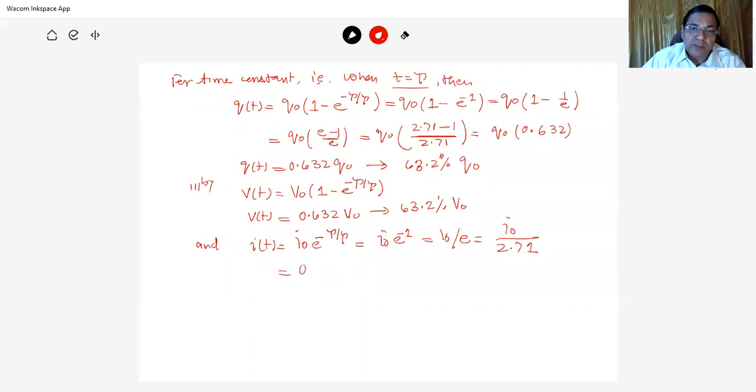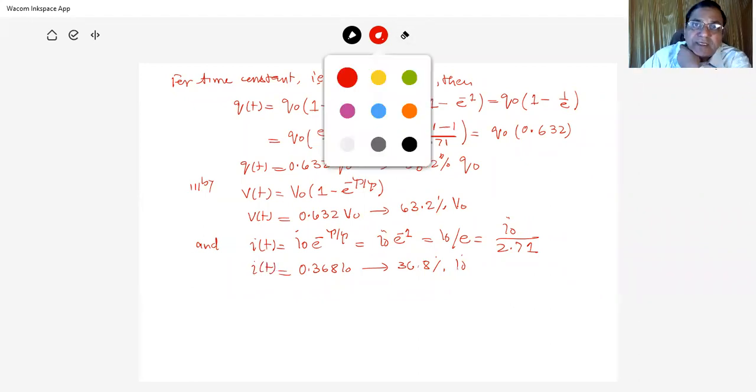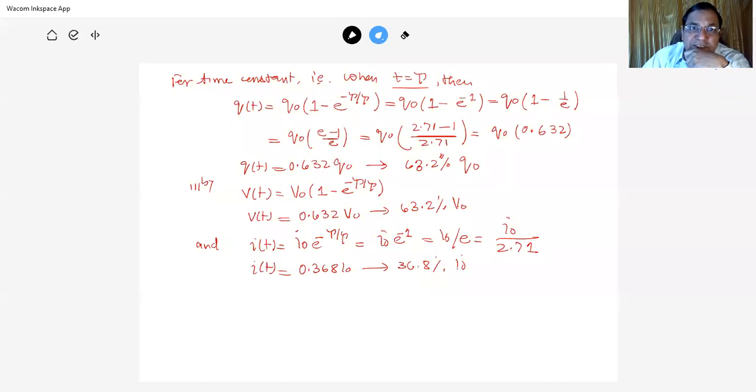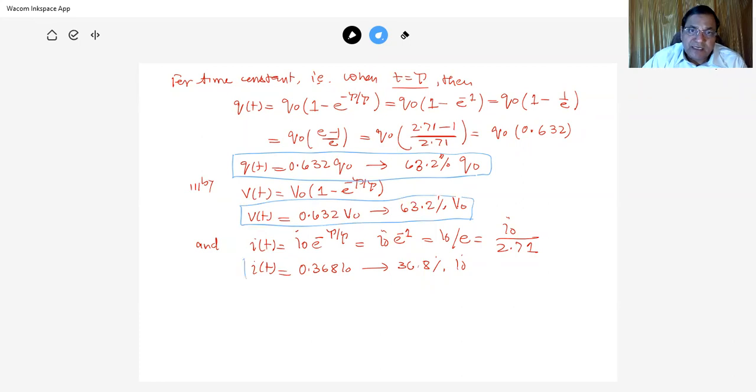So this is 0.368 I0, and that is 36.8% of I0. So we have the expressions: Q(t) and V(t) are of the 63.2% type, and I(t) is 36.8%.